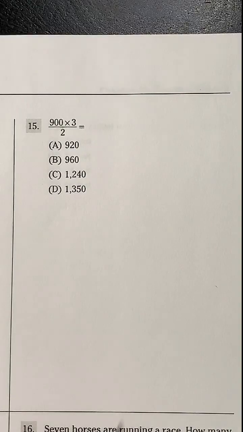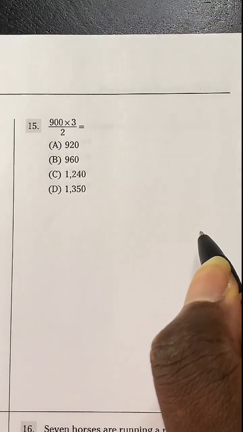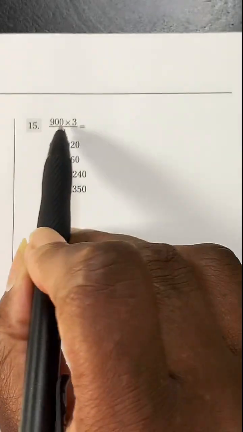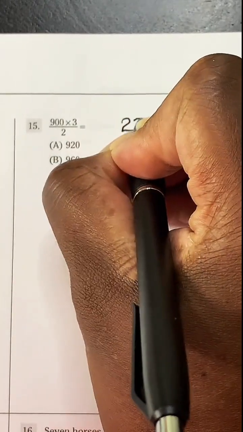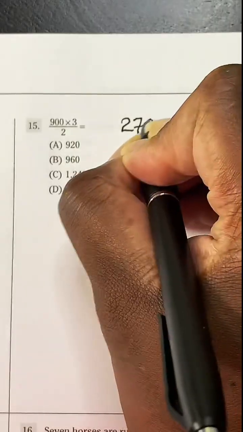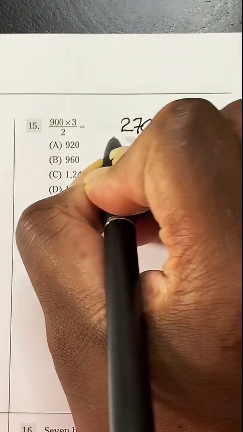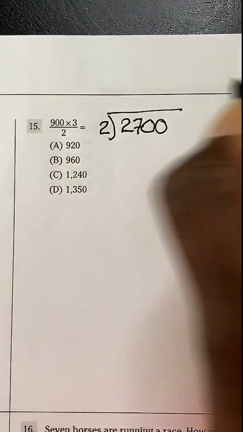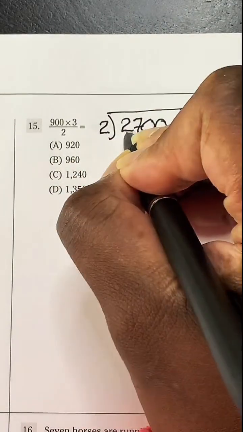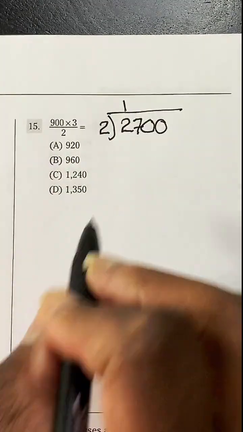Okay. So you can do this one of two ways. You could multiply the 900 and the 3. So we know that 9 times 3 gives me 27. And then we add the 2 zeros from the 900. Then from here, if you want to divide by 2, how many 2's can go into 2's? 1 time.